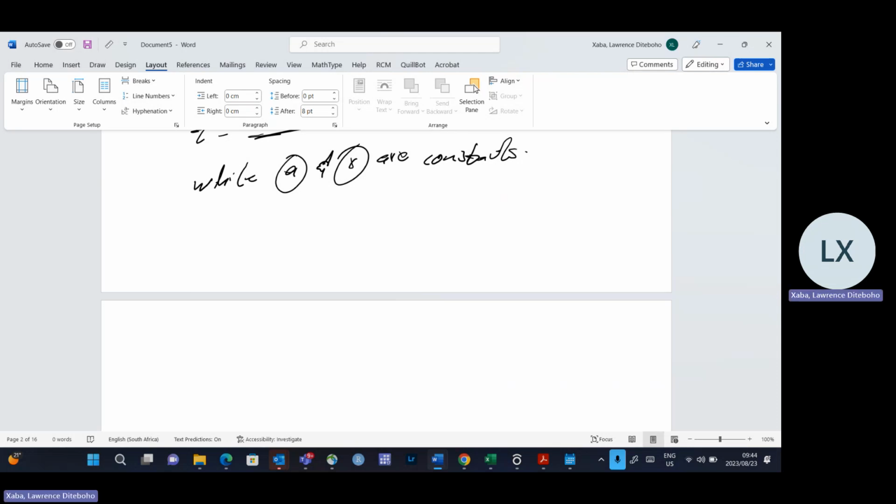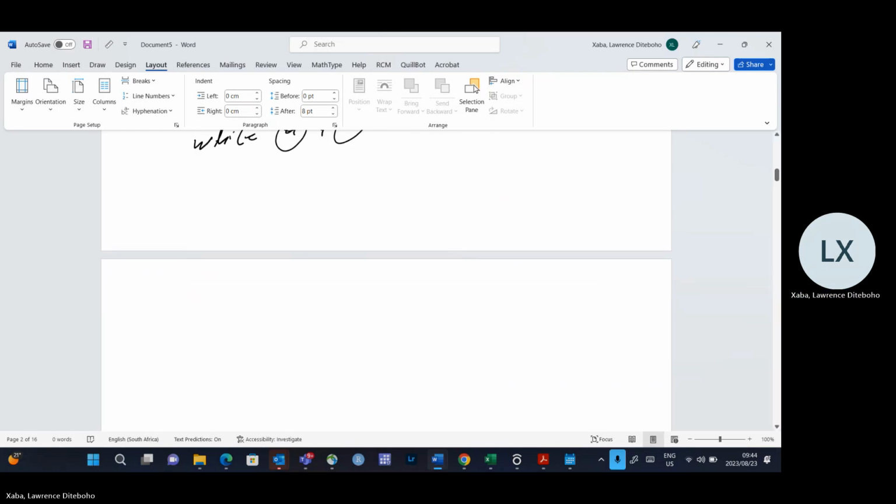So we're given a function there where our function is pop, meaning population, pop(t) equals 753 e to the power 0.03 times t.